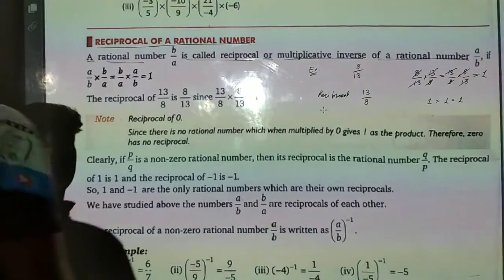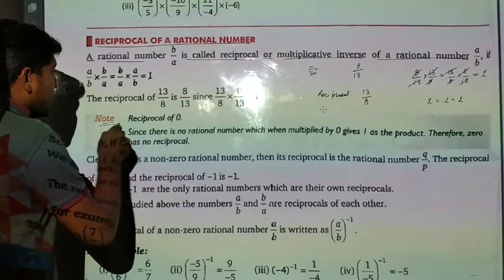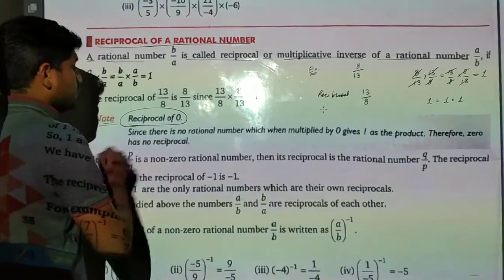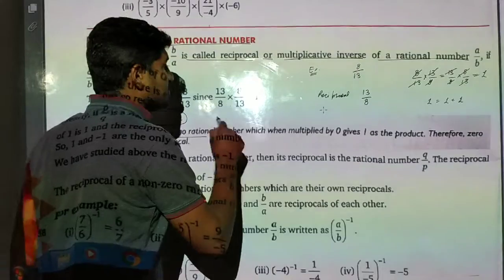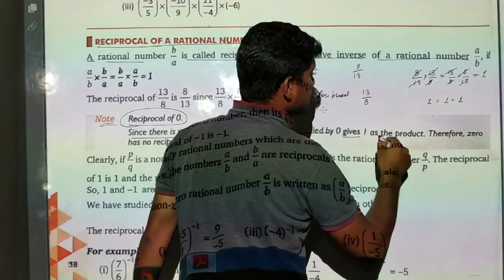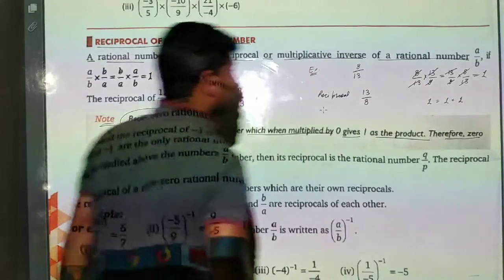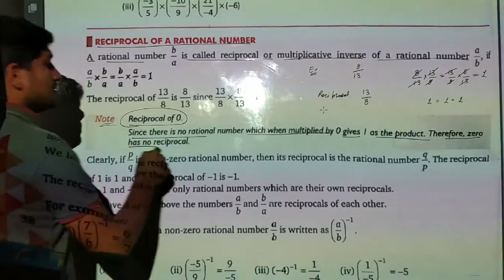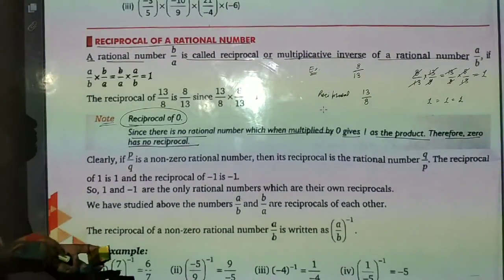Now you have to note that for the reciprocal of 0, since there is no rational number which multiplied by 0 gives the product 1, therefore 0 has no reciprocal.